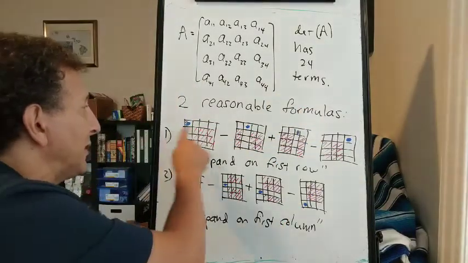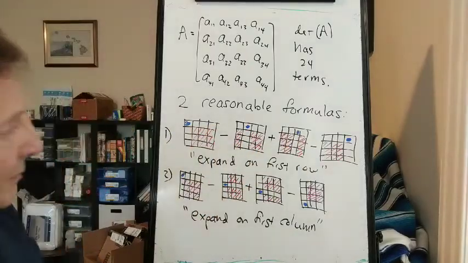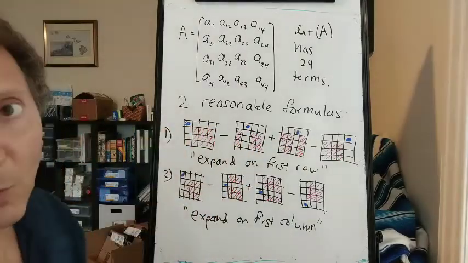So the signs alternate, plus, minus, plus, minus. That's called expanding on the first row.